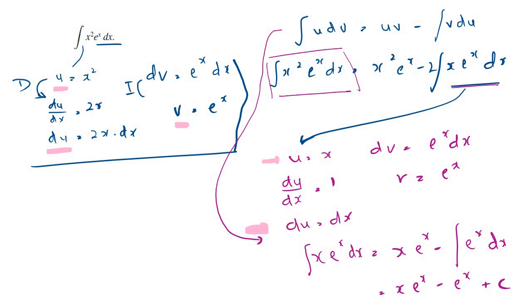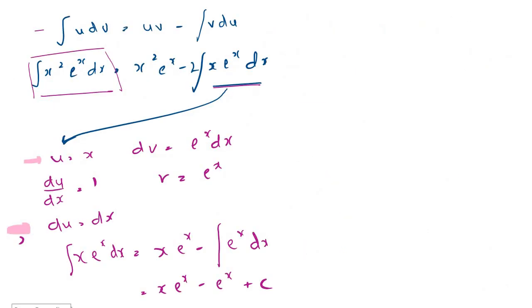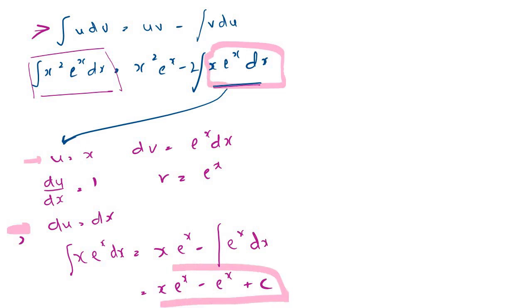In other words, I'll have to write this on a new slide. I brought the most important parts from the previous slide to this slide. We have x squared e to the power x minus this part. The answer for this part is right here. Maybe I'll change colors again.